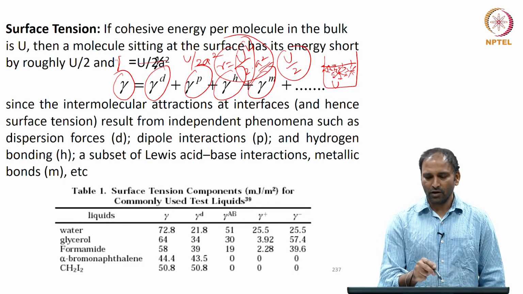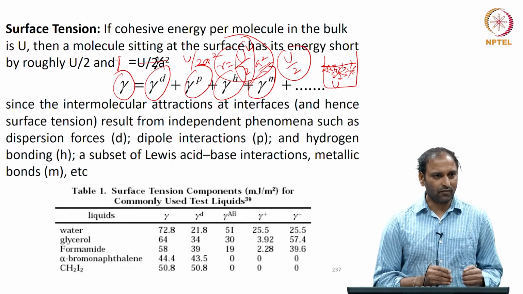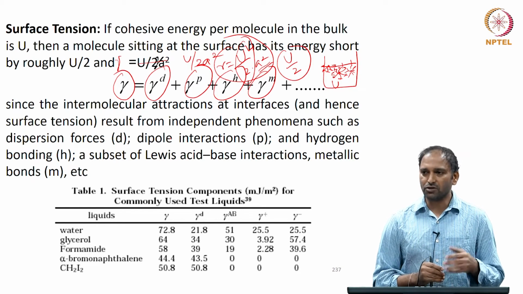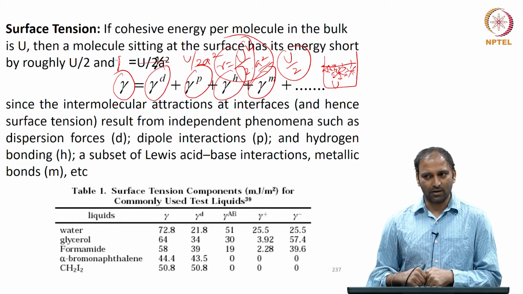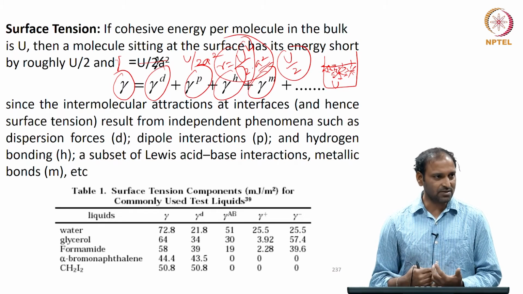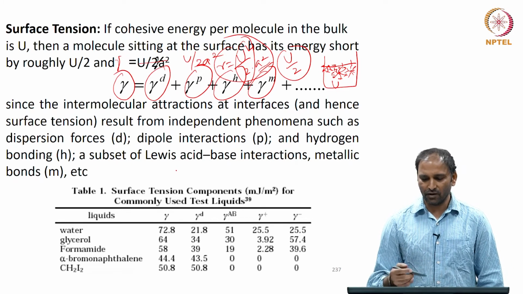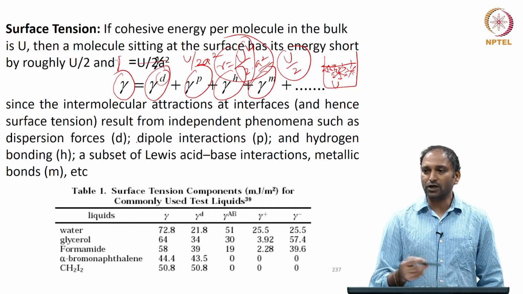Therefore, when we talk about the surface tension, one should understand that the contribution to the surface tension comes from various types of interactions present between the molecules of a given substance, and depending upon the nature of the material that we are trying to deal with, gamma d could be dominant.